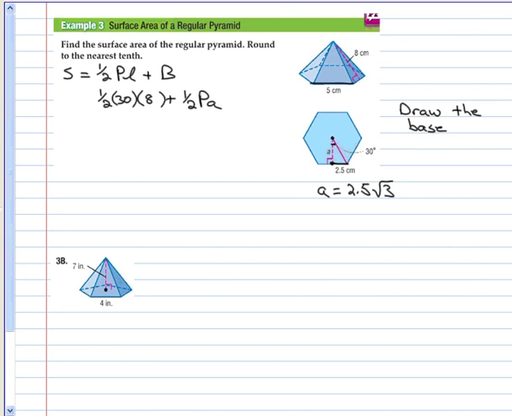So coming back up here, 1/2 times 30 times 8 plus 1/2 perimeter again, still 30, times apothem, 2.5 times the square root of 3, and since we are going to a decimal, your calculator. What do you get? See if you can make that work correctly.